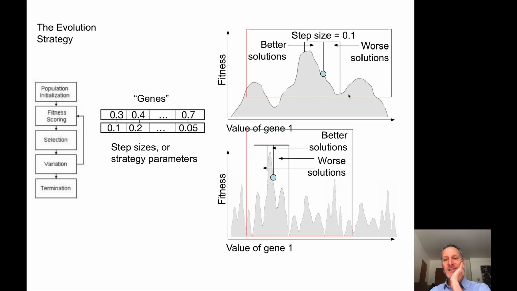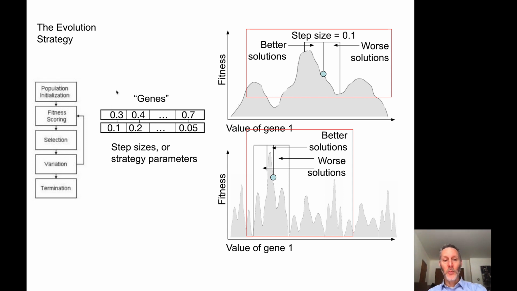What this means is that if this parent, represented by this genotype here, produces an offspring, we copy all the values of this parent vector into a child vector. And as we copy each number, we're going to mutate those numbers, but we're going to mutate them by a magnitude dictated by the step size associated with that gene.